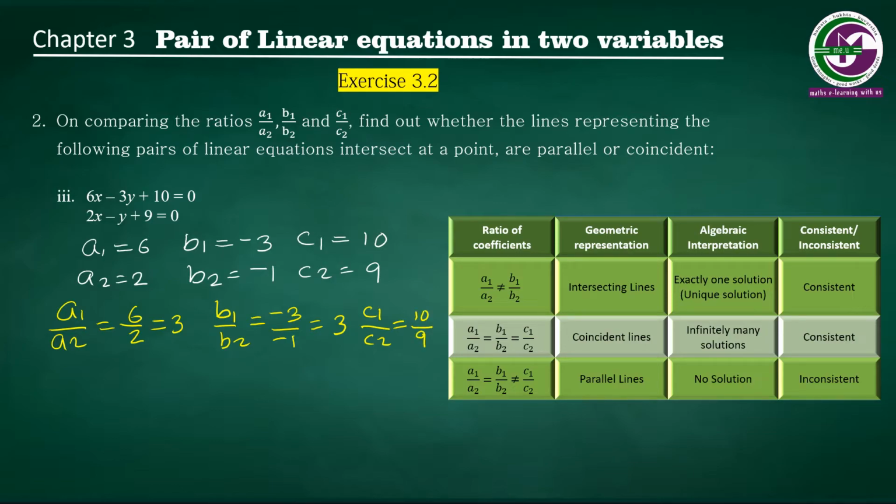You cannot simplify; they are coprime numbers. Now you can see that a1 by a2 and b1 by b2 are equal, but not equal to c1 by c2. So this is the third case. When a1 by a2 equals b1 by b2 not equal to c1 by c2, the lines are parallel. So you'll get parallel lines.